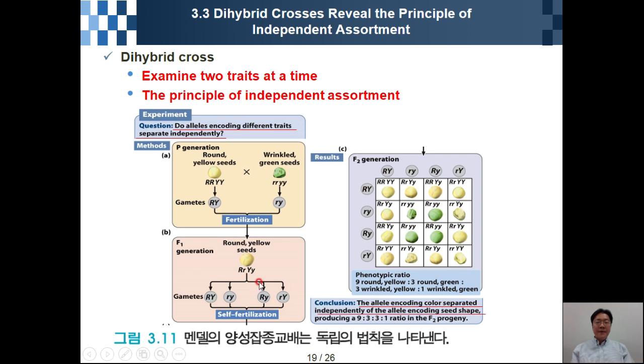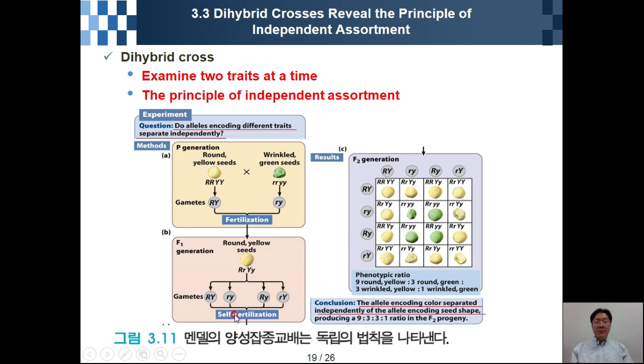For example, if the alleles encoding shape and color separate independently, the gametes will have large R large Y, small r small y, and another one is large R small y, and another one is small r large Y. So if the two traits separate independently, the gametes will have these kinds of genotypes. So we will do the Punnett square.